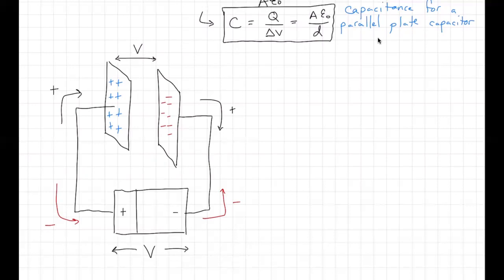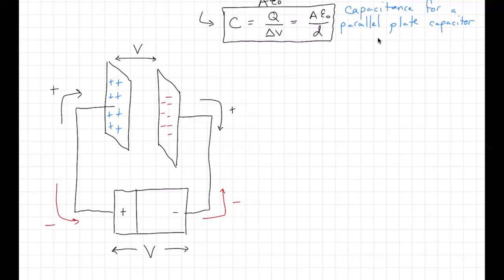If you imagine the positive terminal in this equilibrium position repelling a positive charge, but the left plate now also repelling that same positive charge with equal magnitude, then you get a system where nothing is moving anymore. And that's what happens very quickly when you plug a capacitor into a battery. Charge stops moving around and you get to the steady state where charge is held on the capacitor.